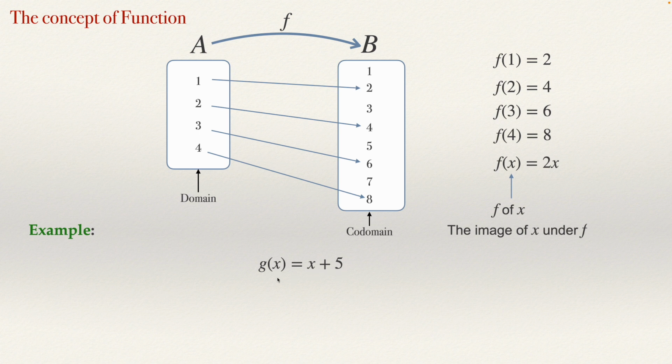So for example, if 1 is an element of the domain, then the image of 1 will be 1 plus 5. The image of 0 will be 0 plus 5. The image of 3 will be 3 plus 5. And we notice here that any real number can be an element of the domain. We say that the natural domain of this function is the set of all real numbers.